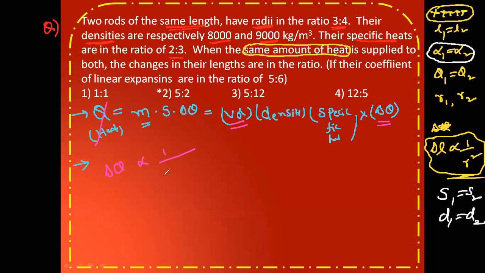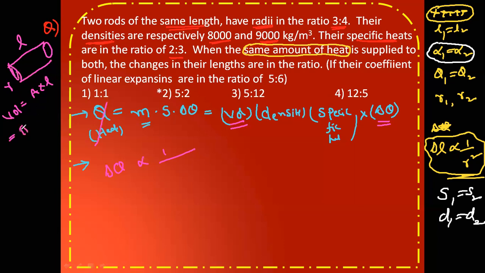What is the formula for the volume? Volume is for rods, they give. Generally, a rod is of cylindrical shape. For the cylindrical shape, L is the length and if R is the radius, then the volume of the cylinder is equal to area multiplied with the length. Area means this area only we have to consider.